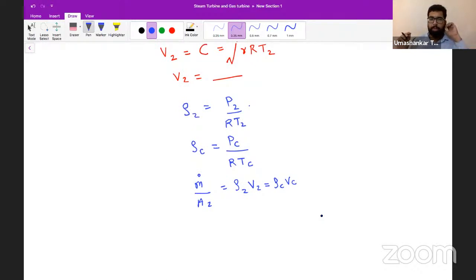Everyone who is live must respond to me. All the concepts of design of the nozzle before the steam enters the moving blade, is that clear or not?